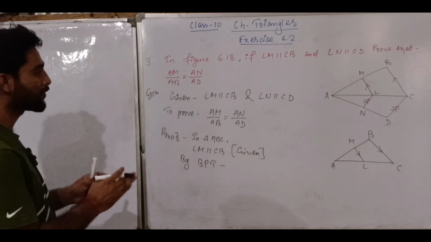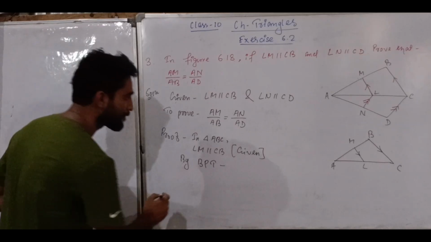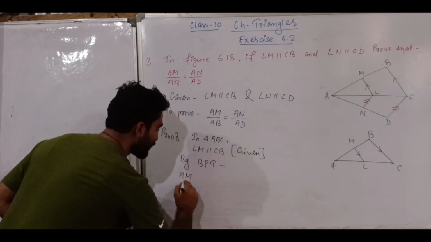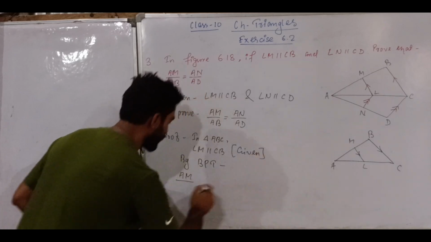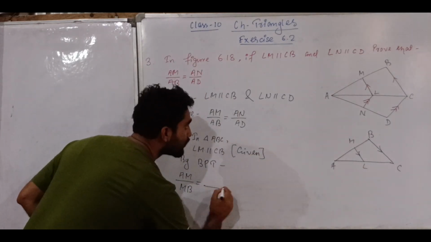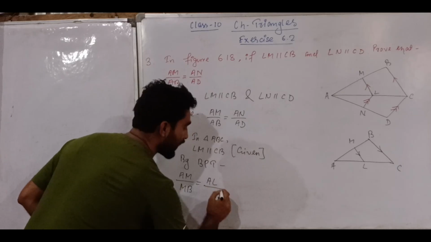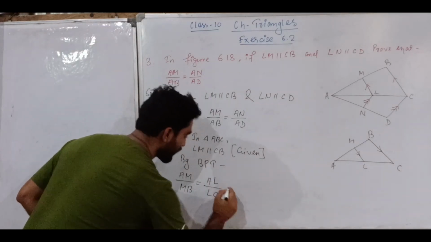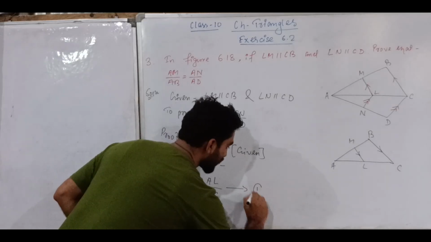So by the basic proportionality theorem, what can we say? We can say AM divided by MB is equal to AL divided by LC. This one we can call equation number 1.